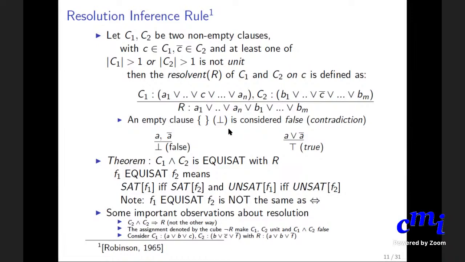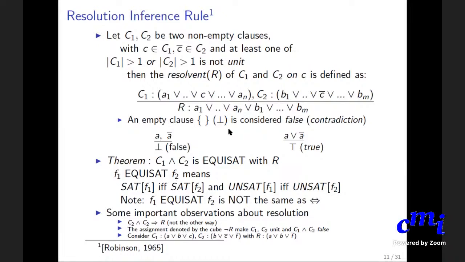So you observe that, and we'll be using this observation to derive conflicts. Is that clear? For example, here, if you have A or B or C, and these are the two clauses, the resolvent is this, correct?